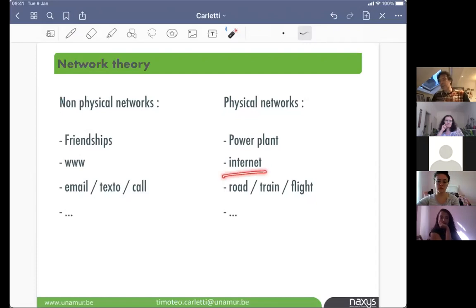Or the internet, where the nodes are the routers and the links are the Ethernet cables that link routers. Or you have transportation, like road, train, flight, where, say, in the case of road the nodes can be cities, in the case of train a station, in the case of flight an airport, and then the links are roads, rails, and the paths of the flights.